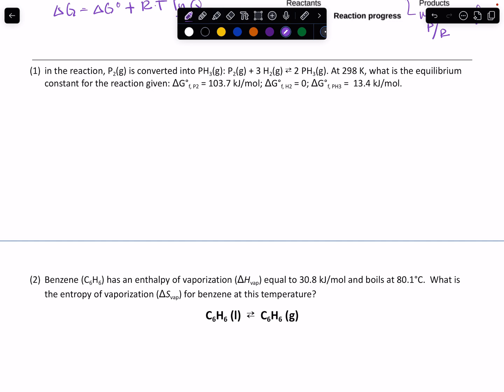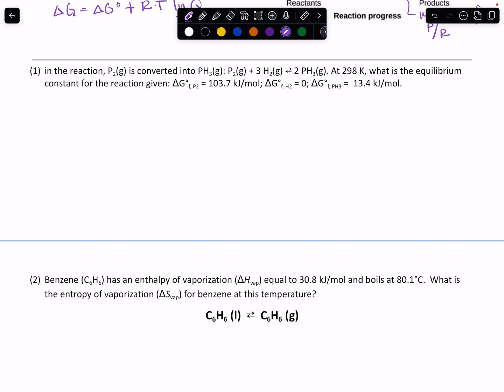All right, so in the reaction, P2 is converted into PH3, so P2 plus 3H2 reversibly forming PH3. At 298 Kelvin, what is the equilibrium constant for the reaction given that delta G for P2 is this, delta G for H2 is this, and delta G for PH3 is this? All right, so we're asked to figure out the equilibrium constant.